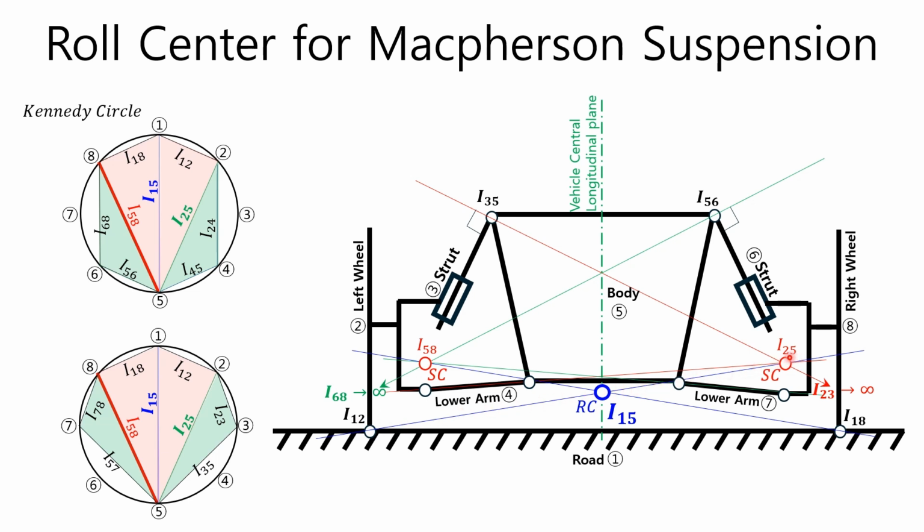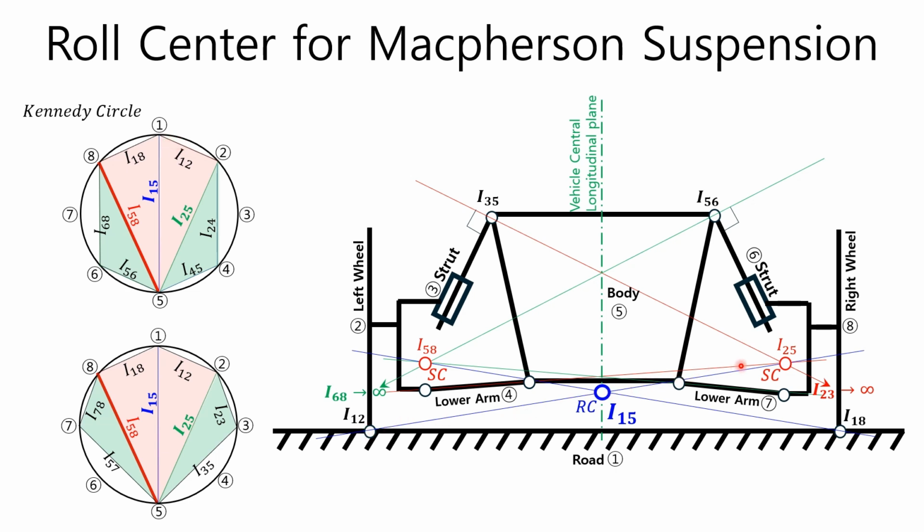In this way, the three instant centers I58, I15, and I18 that form the left triangle in the Kennedy circle will all be in a straight line, and also the three instant centers I12, I15, and I25 that form the right triangle 152 will all be in a straight line.